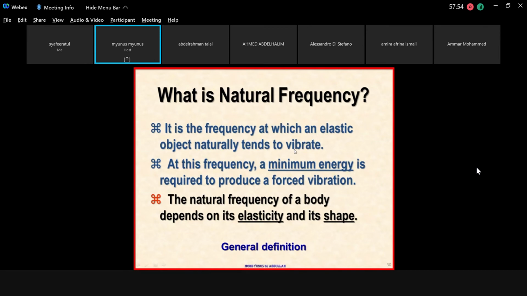You hold it at one point, then displace the tip of the ruler, and the ruler will vibrate. If you put a lump mass at the tip, it will vibrate quite a while before it stops. That's why I say it must be an elastic object that naturally tends to vibrate, by its own weight.